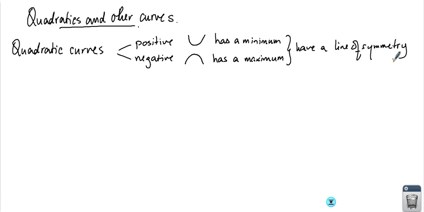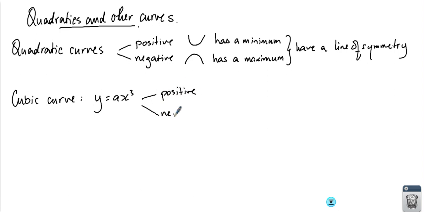Then we have the cubic curve. First of all, the cubic curve has an equation in the form y equals ax cubed, it could be plus or minus something. We have two types of those curves, again the positive and the negative.